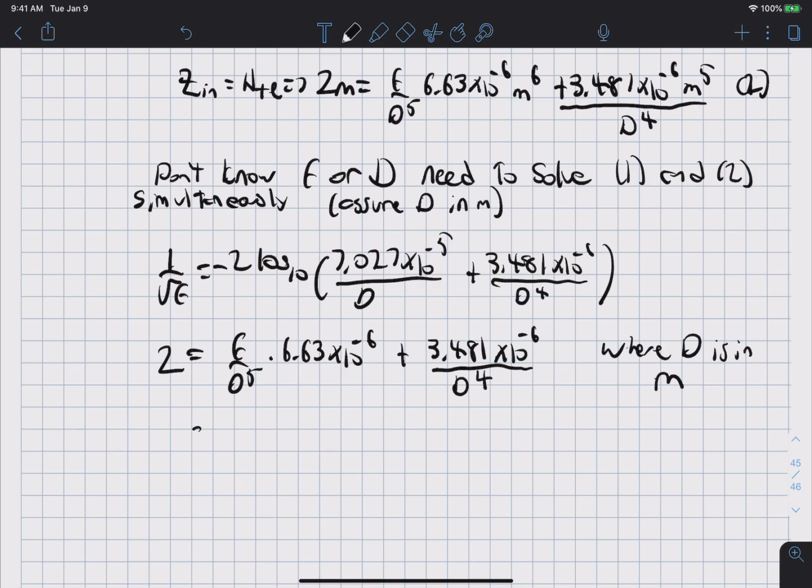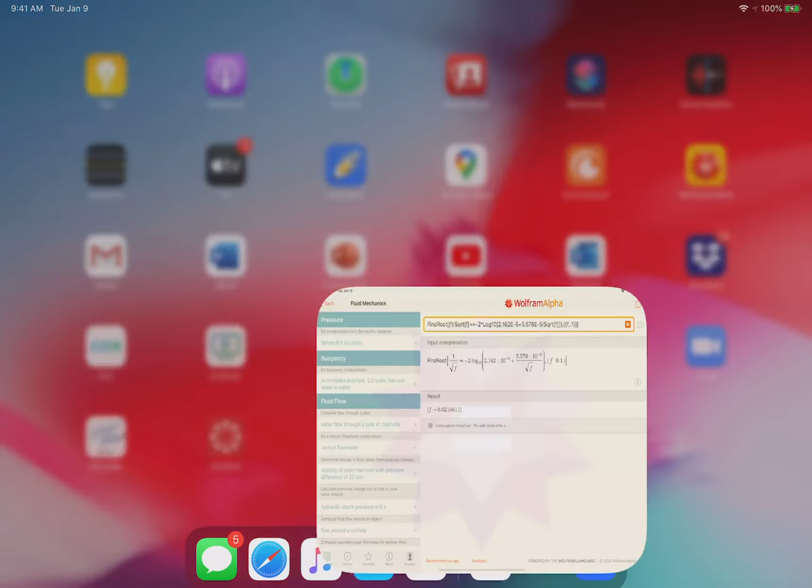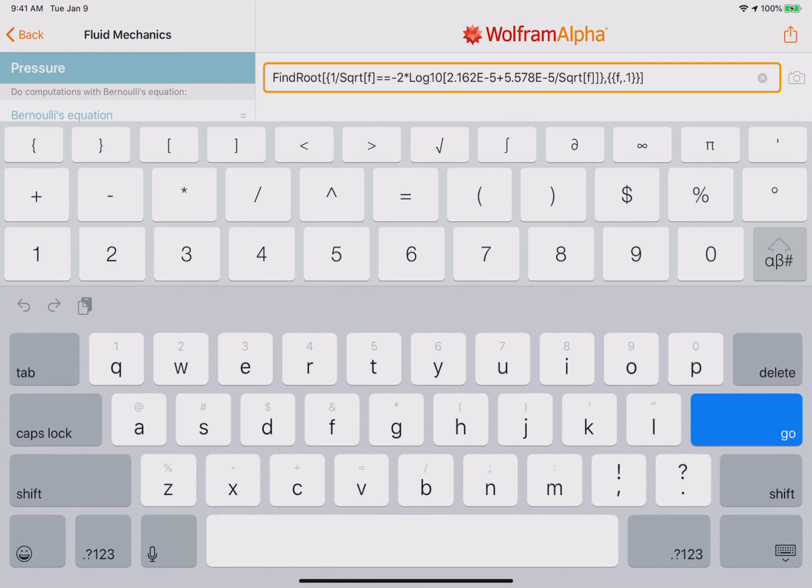Okay? And so solve using, again, I'm going to show you using Wolfram Alpha, but MATLAB or some other tool would be a fine choice for doing this. Okay. And so we'll do this. I'm going to do another live demo with the solver. Odds are I'll probably goof it up.